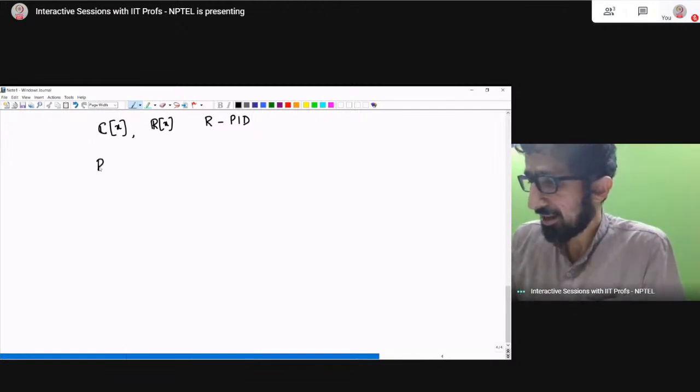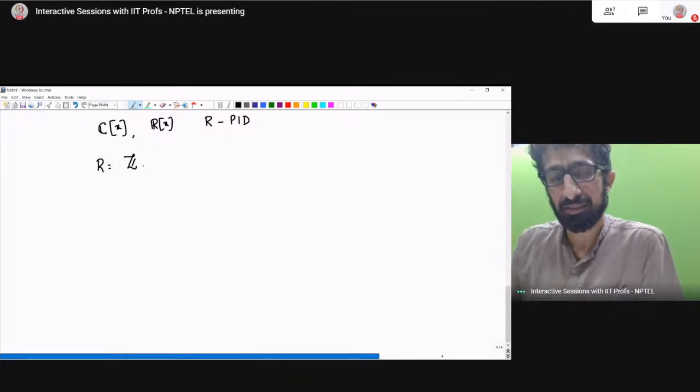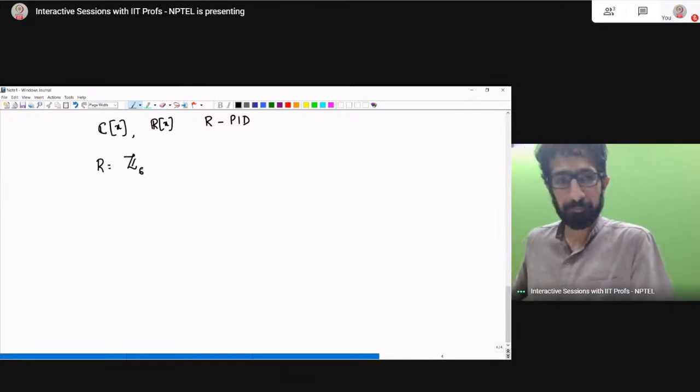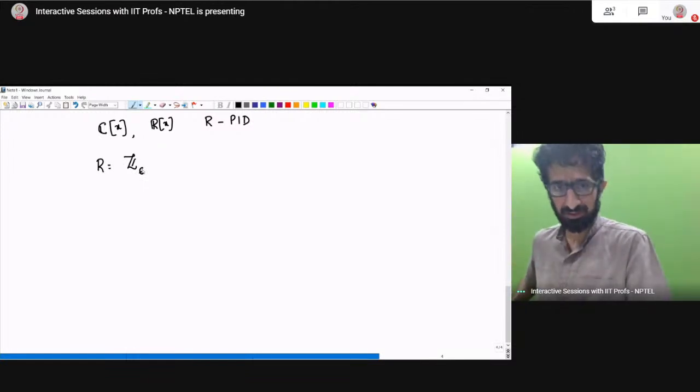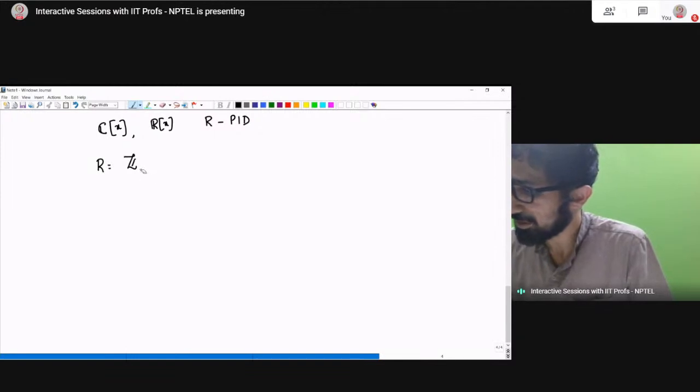If I take R, let's look at one example. I'll give one example and then you can think about more examples in the same direction later. Z6, okay, let me take Z30.